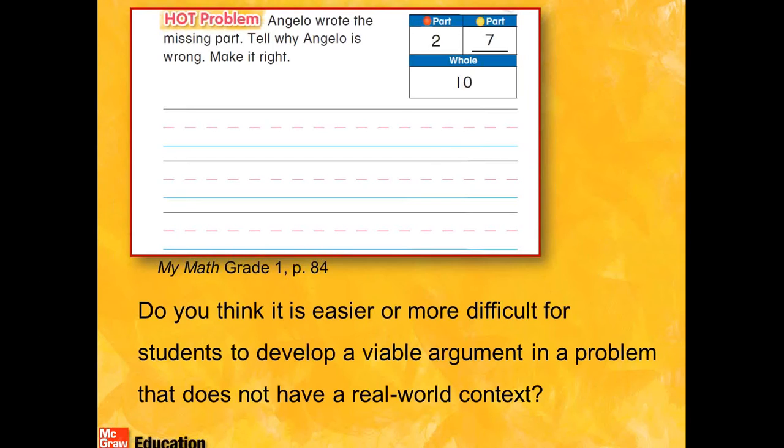Again, thinking in grade 1, these are going to be posted in the chat box. So if you're looking for the example pages, you'll find them there. Is it easier or more difficult for students, do you think, to create a viable argument in a problem that does not have a real-world context? Again, think of that.